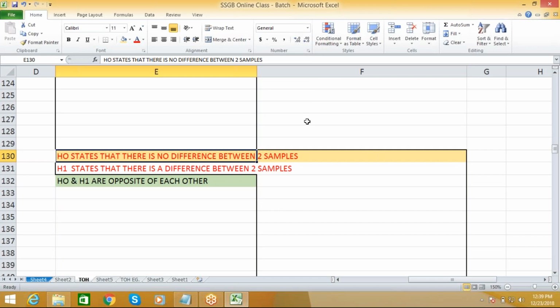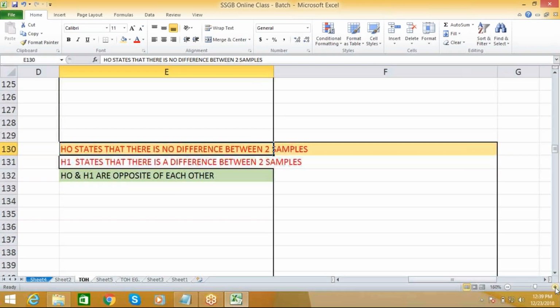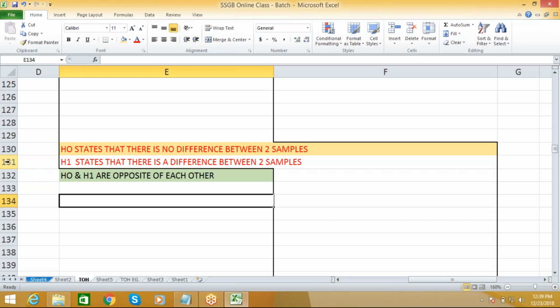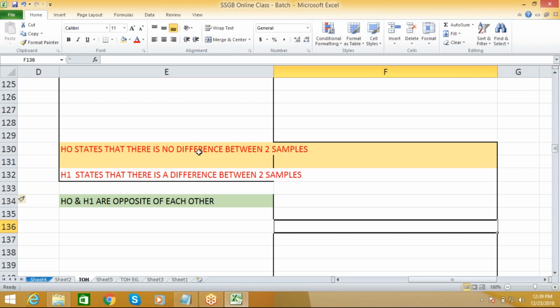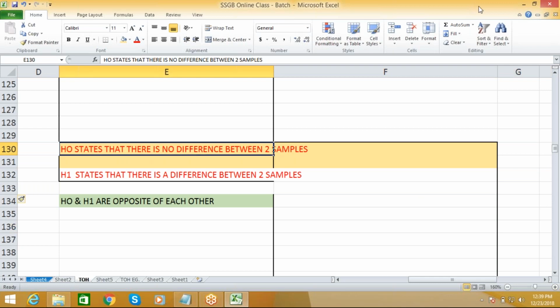Guys, here is where you need to take some time, or there will be a slight struggle until you understand what the null and the alternate are. I just want you to concentrate very keenly, because if you understand the concept of null and alternate, then you will understand the test of hypothesis. So null always states that there is no difference between two groups or two samples of data.